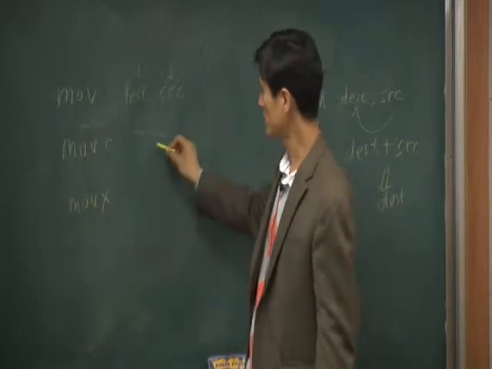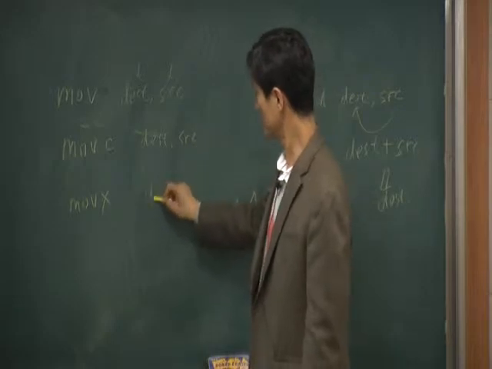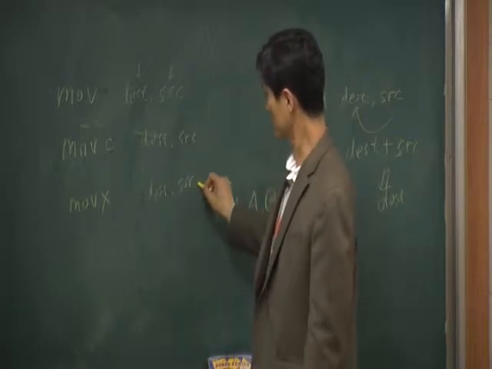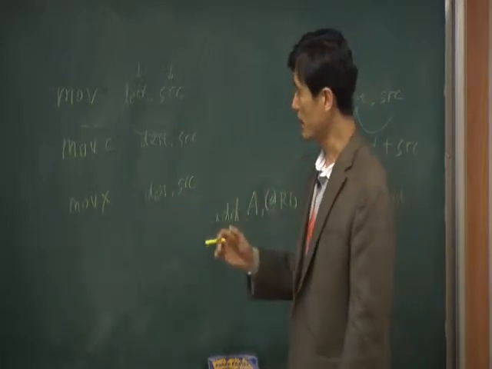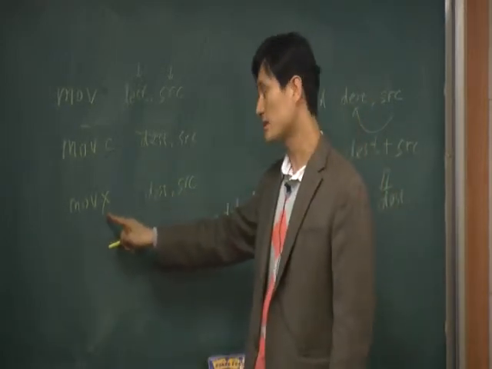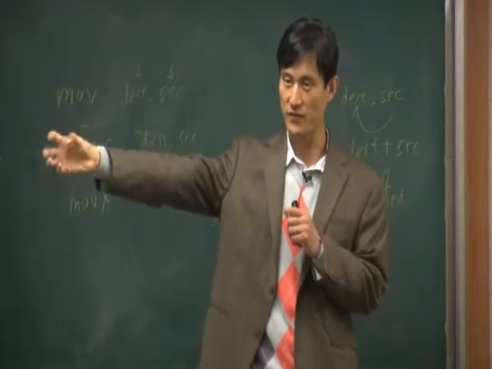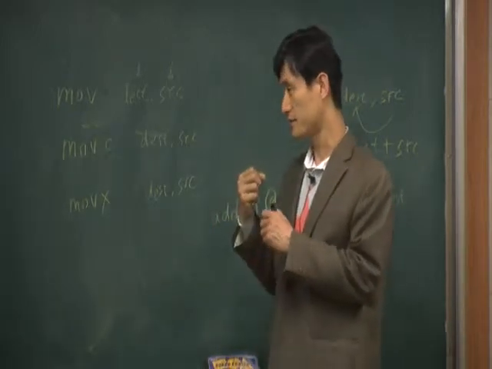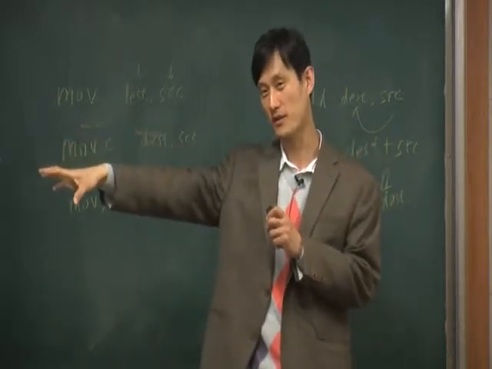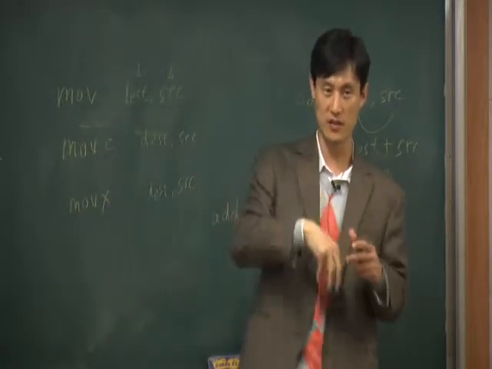you can use external memory. Let's say MOVX. Let's say we want to read some value from the external memory. Then the value in the external memory is going to be the source, and you copy it into my internal memory.